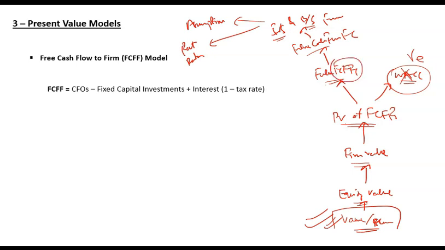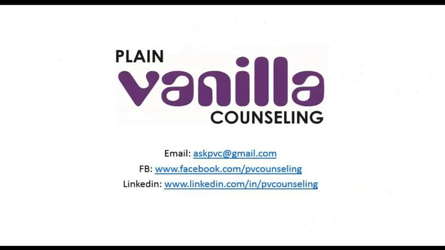Instead of the FCFF forecast, I will be using the FCFE forecast. Then again, the present value of FCFEs is itself the equity value, so you do not need to make any adjustment. Then you divide it by the number of shares and you get the value per share. That is how the free cash flow to equity model would be structured. Any confusion so far?